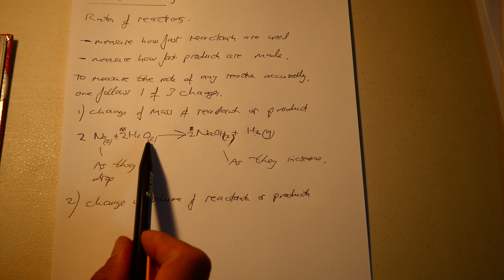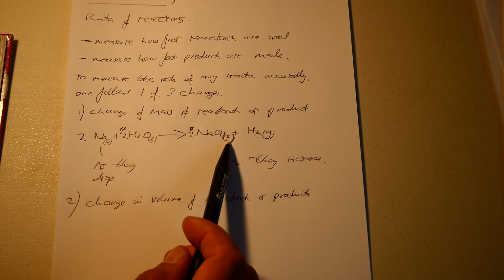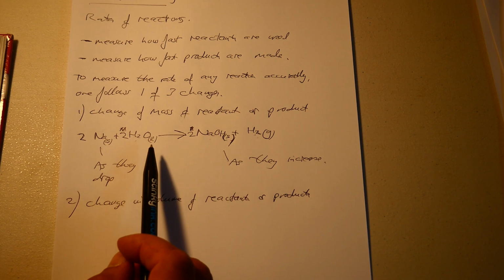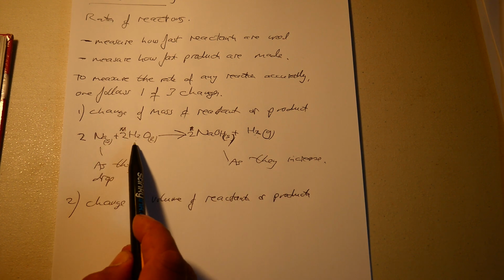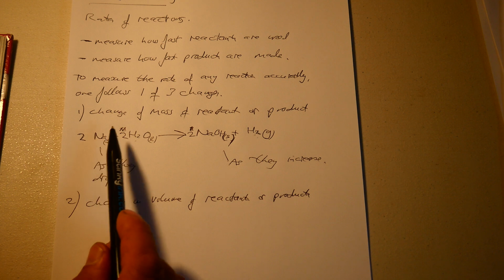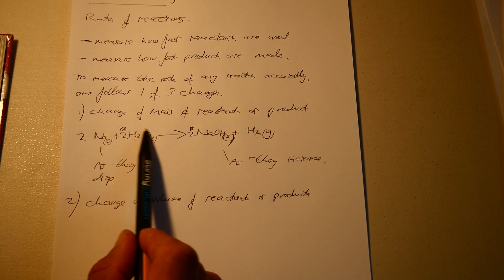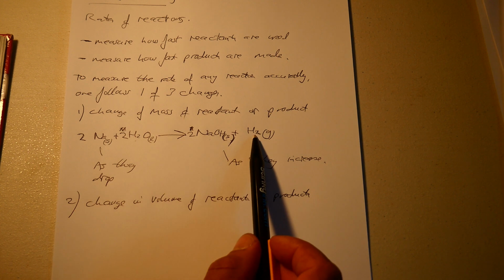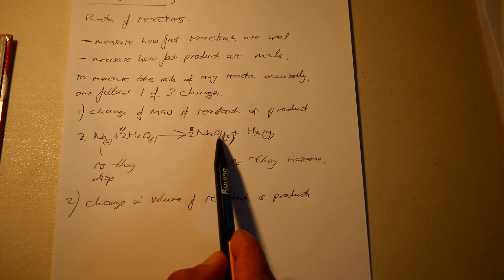So with water, you get less water gradually as more sodium hydroxide is formed. Also as hydrogen gas forms, the volume would actually get lower. If you put lots of sodium into a litre of water, this volume would drop as this is released and as that's formed as a white solid.